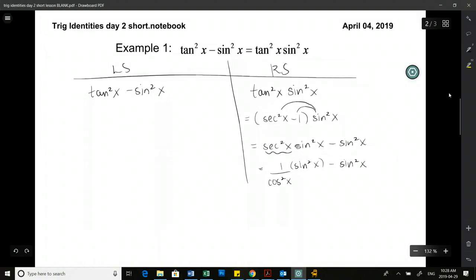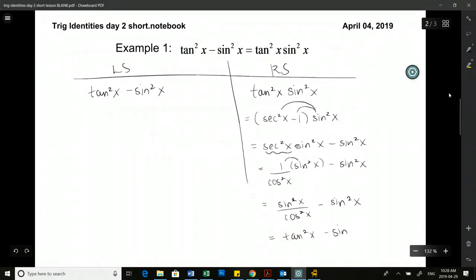Joey? Why did you sine squared x? Because I distributed it into each term in the bracket here. So when I multiply this sine squared up here, what do I actually have? I have sine squared x over cos squared x. What is that equal to? Yeah, it's equal to tan squared x.